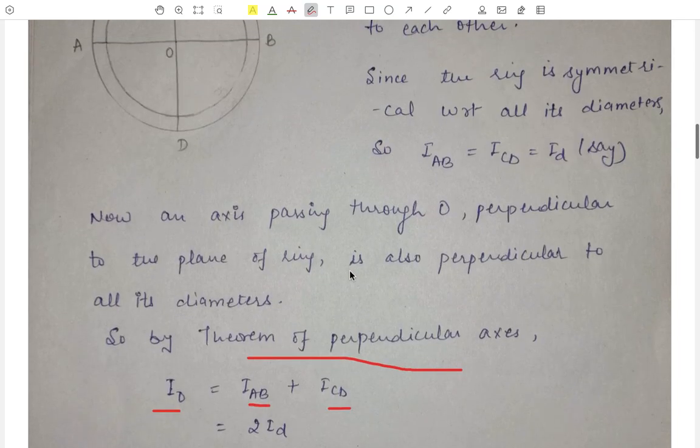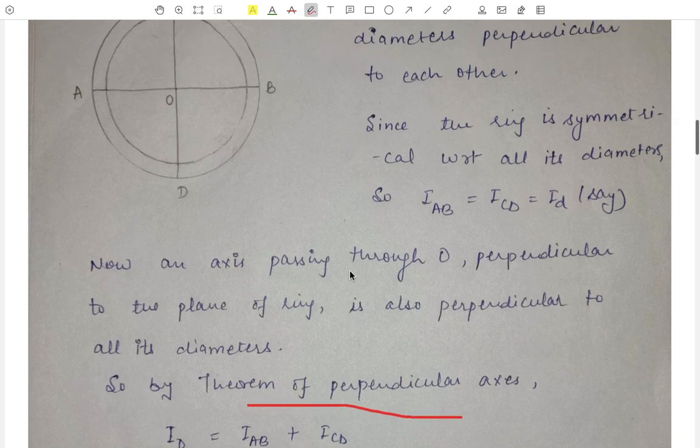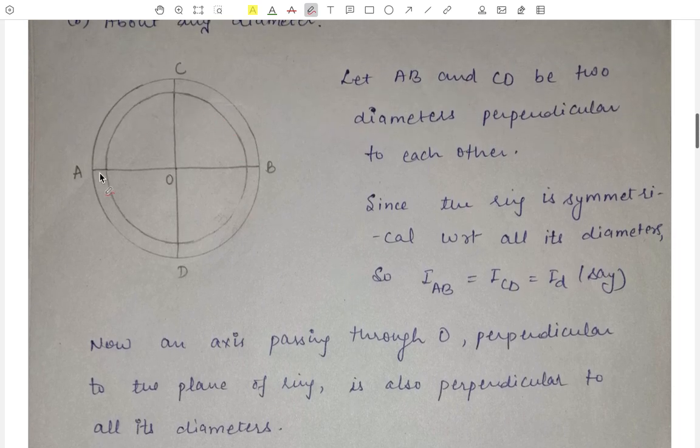Now, what will be the values of these I_AB and I_CD? Since a ring is symmetric, for all its diameters the moment of inertia will be the same. That is, the moment of inertia about AB is equal to the moment of inertia about CD. Say that is equal to I_D, the moment of inertia about any of the diameters.